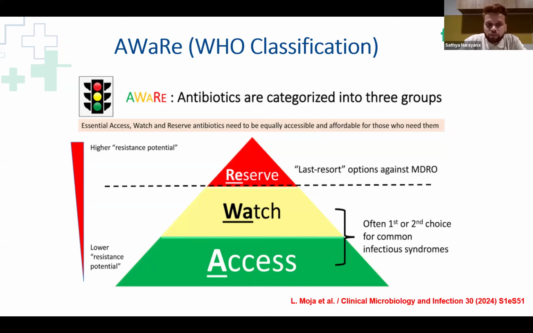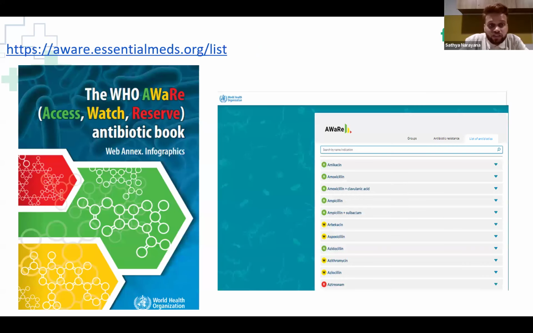The last one is the reserve antibiotic group. These are used as a last resort option for MDROs because bacteria have a greater chance of developing resistance to them. There is a resource available in the literature to refer to which drugs fall under access, which fall under watch, and which fall under reserve.